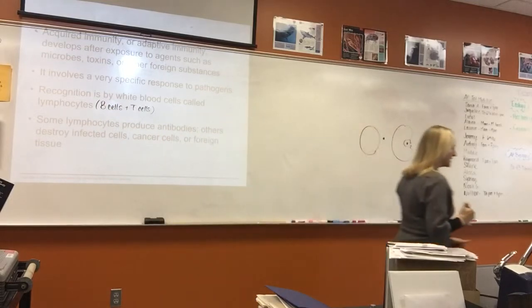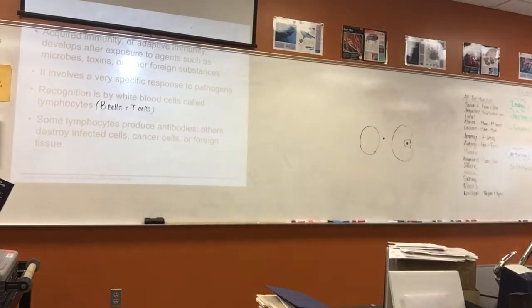So what happens is that you're born with this innate immunity that can fight off some things. But then this acquired immunity you get throughout your lifetime. So the very first time you come into contact with a pathogen, your immune system will build cells that will attack that particular type of pathogen. And it remembers that.